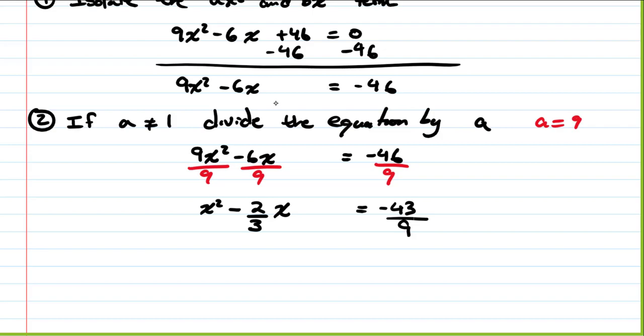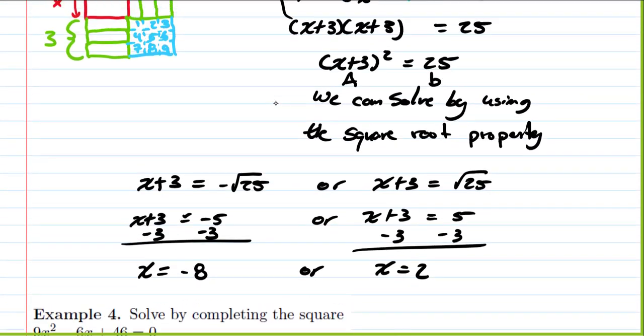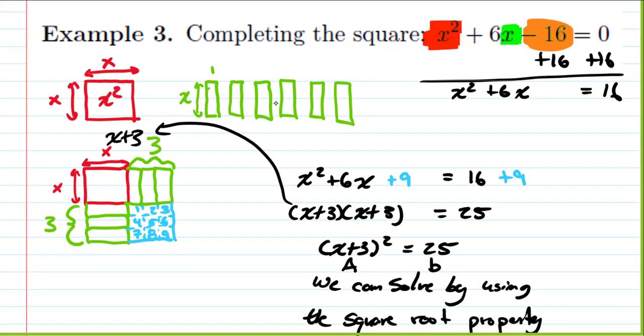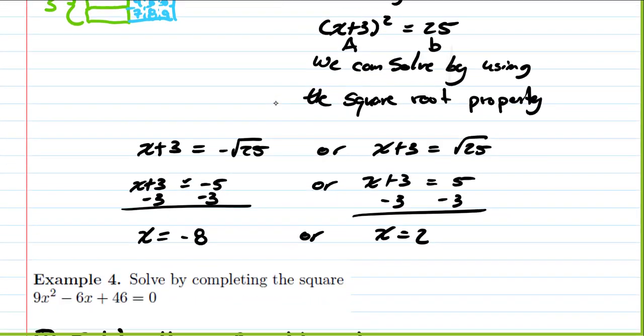So now, let's go back to our picture and see what we did next. After we had something in this form, we drew a picture, and what did we do? We put half of our blocks on one side and half of our blocks on the other. We'll notice that in this, the number of blocks that we had is actually our b coefficient. In this example, we had 6, and half of 6 is 3, so we put 3 on each side.